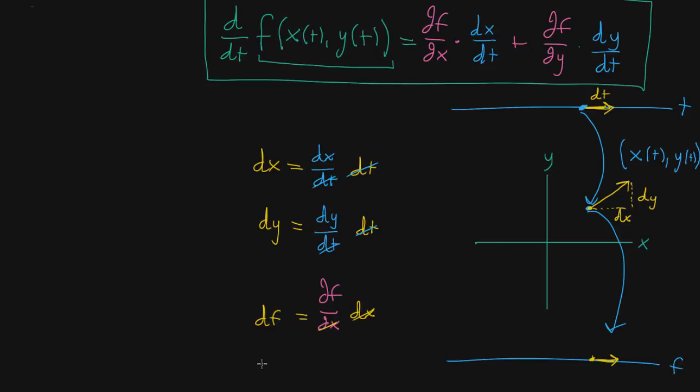And similarly, you might call this the change in f caused by x, like due to x. Due to, I should say, dx. But that's not the only thing changing the value of f, right? That's not the only change happening in the input space. You also have another change in f, and this one I might say is due to dy, due to that tiny shift in y.